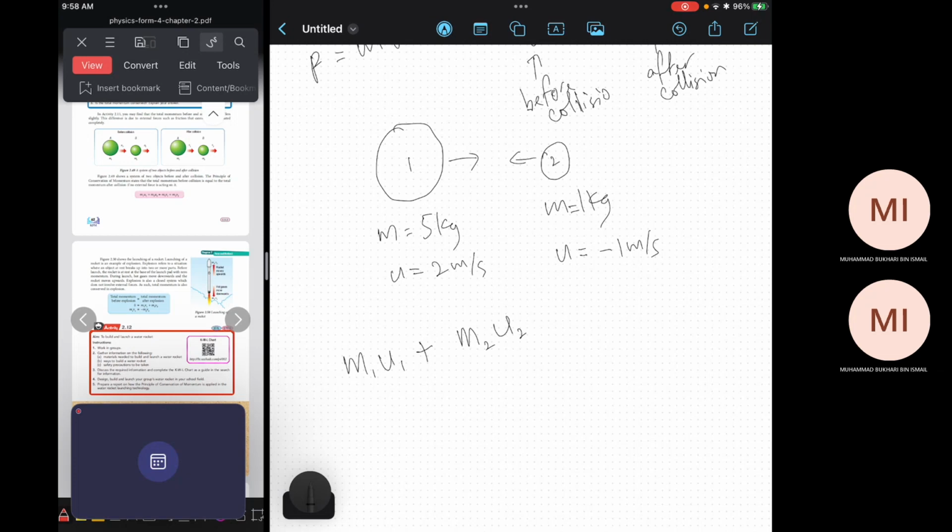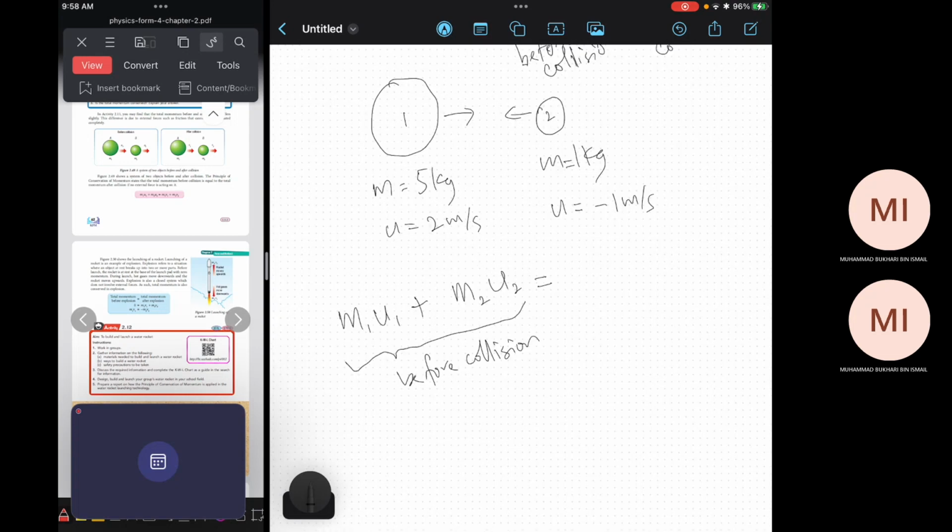Equals, okay, this is before collision. Before collision. Okay, after collision, macam mana? Tulis balik M1, but this case should be V1. But because this is velocity after collision, so you write V1 plus M2 V2.